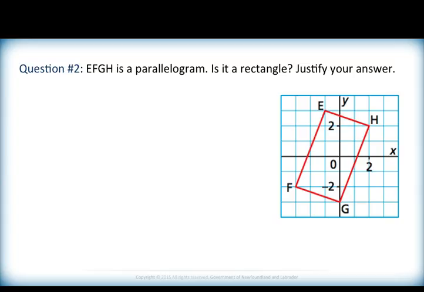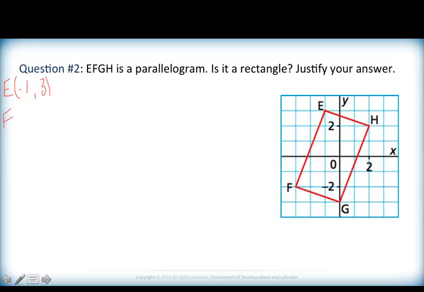So our first step would be to label the coordinate points for each vertex. We're looking at E first. E is -1 and 3. I'm just going to write down all the points before we get started. So we have -1 and +3.